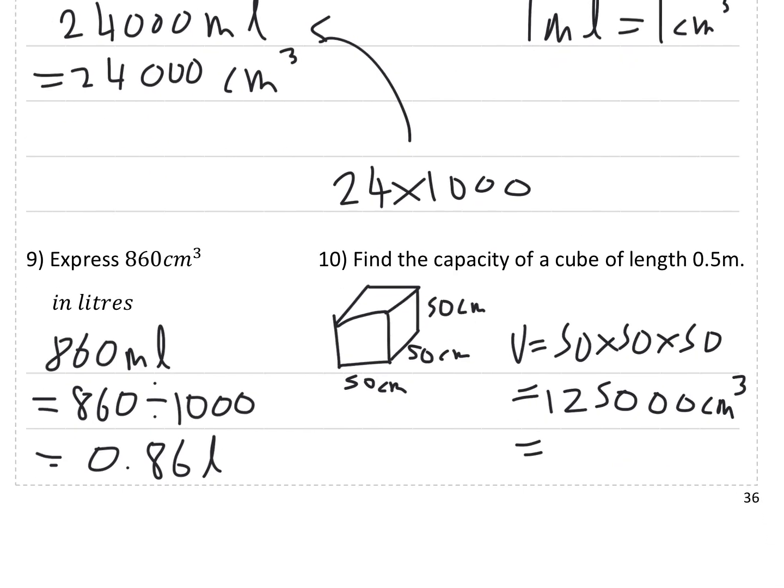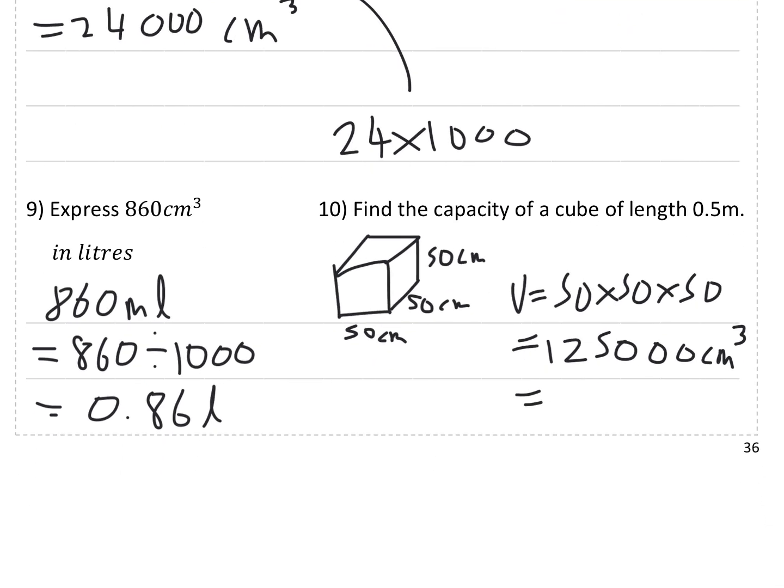If we put that into mils, that's the same as 125,000 mils, which is what the question's asked you to do. Find the capacity. But it's a rather large amount of mils, and if you had that many mils, you would talk about how many litres you have, because the number's too big to describe with mils. You'd use mils for a smaller measurement.